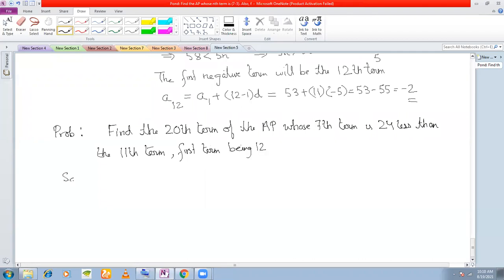So here what is given? Here the first term is given. A1 is equal to 12. We need to find the 20th term. That means A20 we need to find.